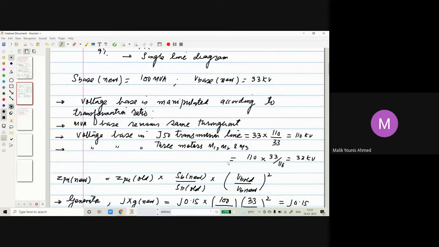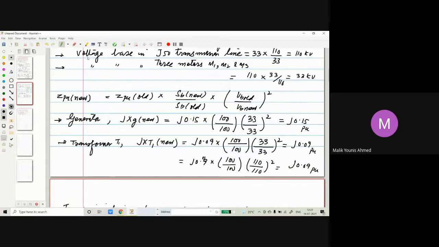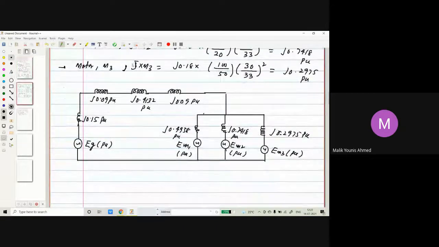Once you find the base values, you can find the new reactance value using the formula, and then draw the impedance diagram. To be more precise, this is a reactance diagram. You will draw the reactance diagram once you get all the new values in per unit. So let's continue.